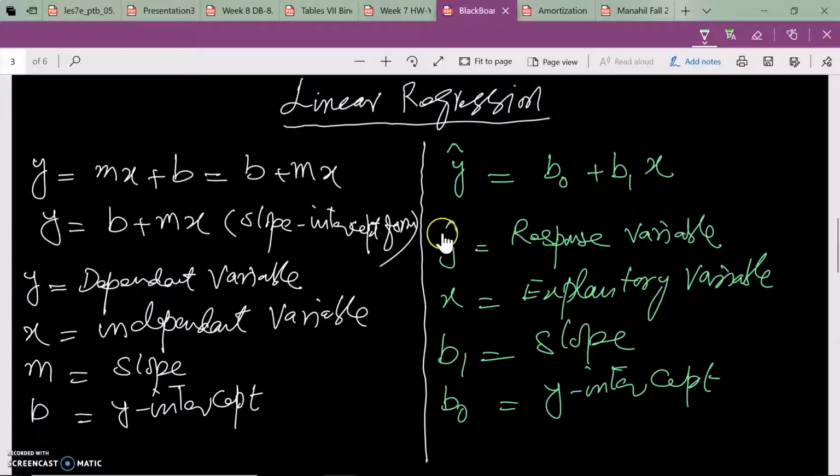So you need to remember that in statistics, when we talk about the equation of a line, I will talk about this type of equation, y hat. I will tell you later what y hat means. What is the difference between a y and a y hat? I will tell you later on. Okay, so I hope you understand up to this point. This is what you need to know.